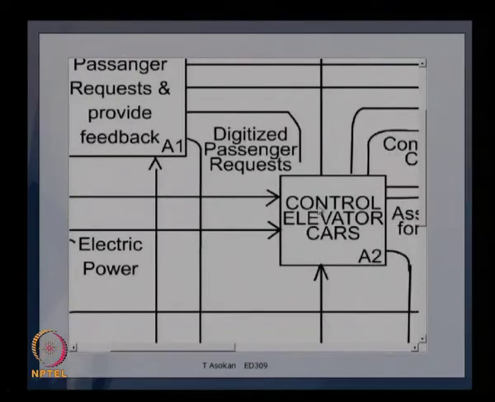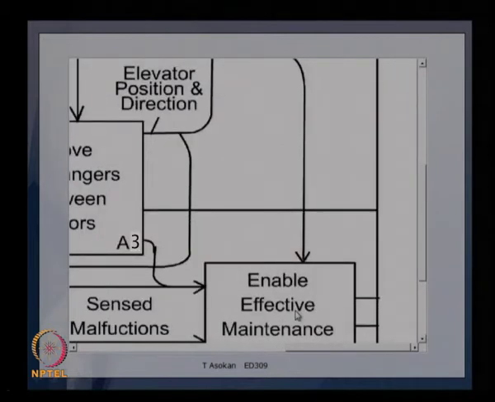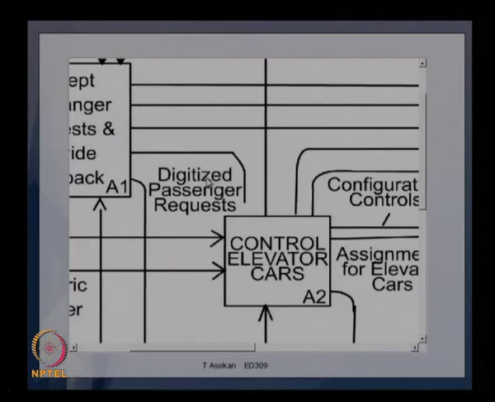From these functions there will be some other requirements coming up, that is, the internal input output requirements. You can see digitized passenger request is one of the outputs from this function, which is going as an input to the control elevator car. So this is an internal output from this function and an internal input to that function.